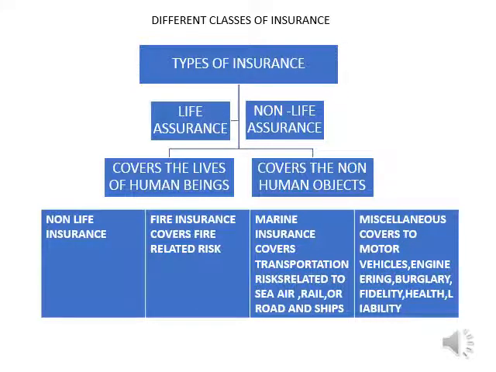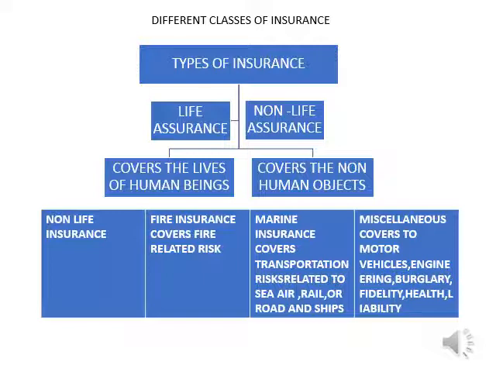We have already discussed this aspect, types of insurance, in an earlier slide also. As I said, the full insurance market is divided into life insurance, life assurance and non-life assurance. Life insurance is covering the lives of human beings, and non-life insurance is covering non-human objects.